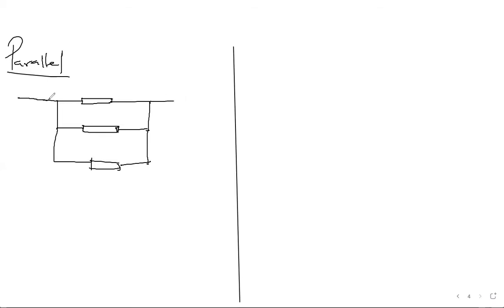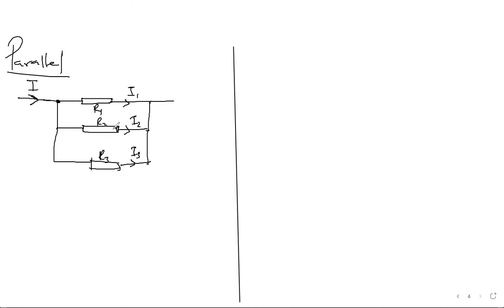Now here, this is the current that is flowing through the circuit, the main current. When this current gets to this node, the current will divide. So the current that flows through each of these arms will be different. If this is R1, this is R2, and this is R3, the current that flows through this is I1, this is I2, and this is I3.